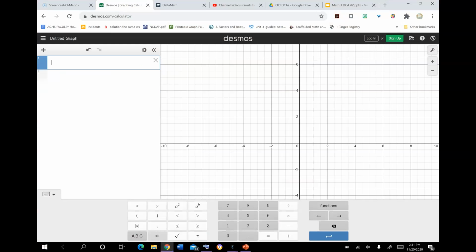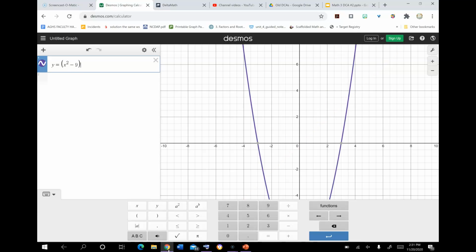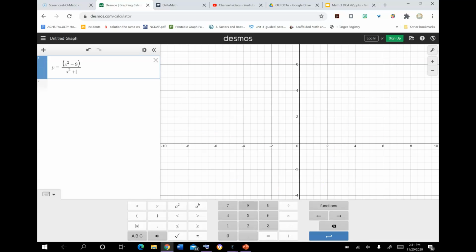So you type in Desmos the question. The question was y equals, in parentheses, x squared minus 9, close parentheses, divided by x squared plus 8x plus 15.